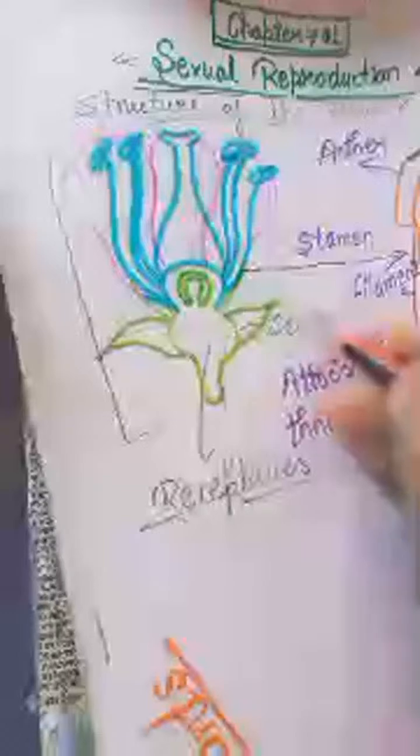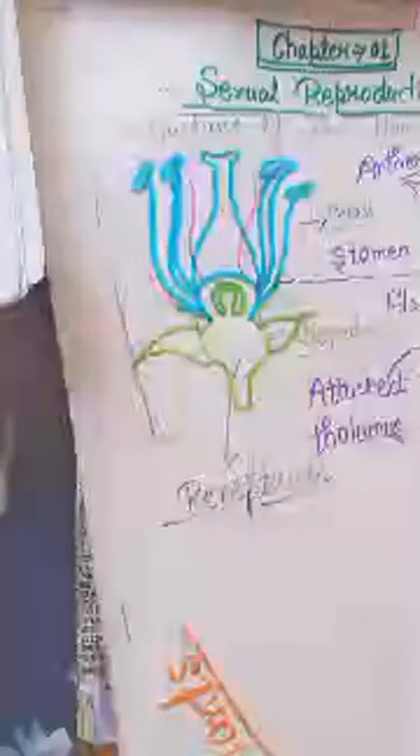The outermost are the sepals, and next are the petals. Then the androecium is made up of stamens. In the morphology of the flower, there are sepals, and inner to this a whorl of corolla made up of petals, the colorful part.